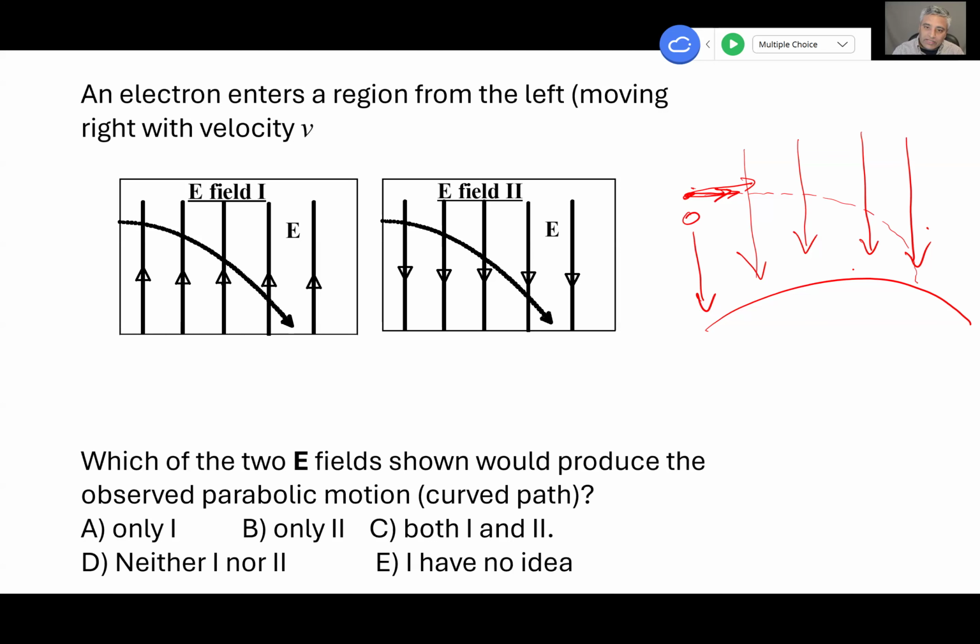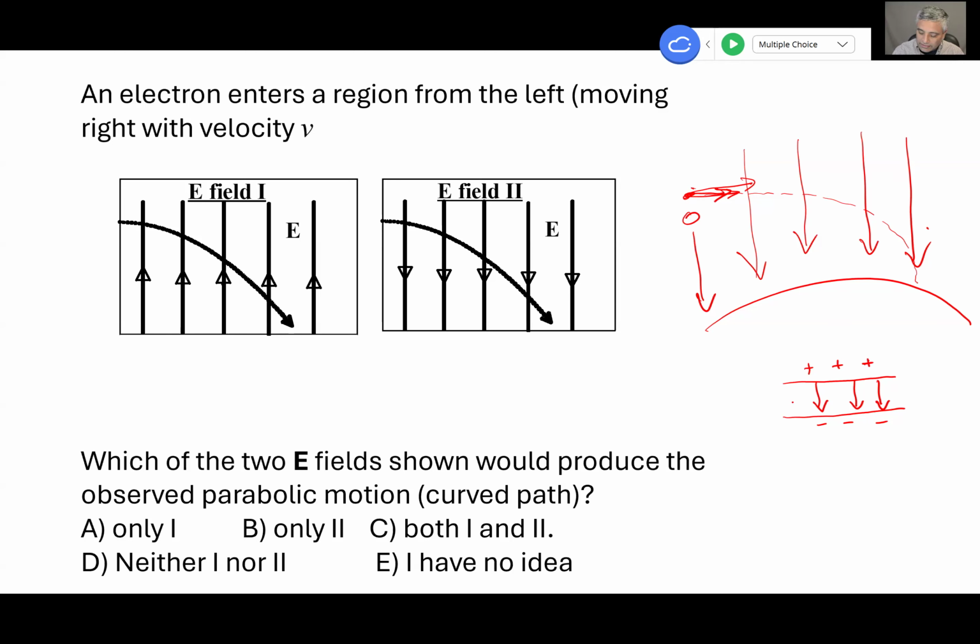For example, let's say I have an electric field going something like this. That means a positive charge is there and a negative charge is there somewhere, okay? That's what is causing the field.